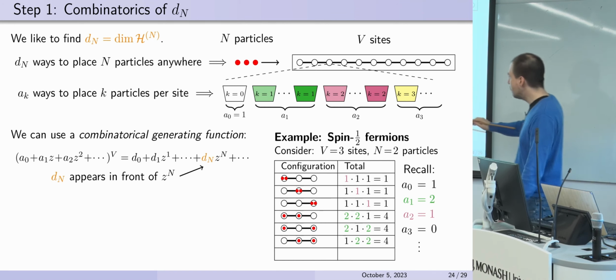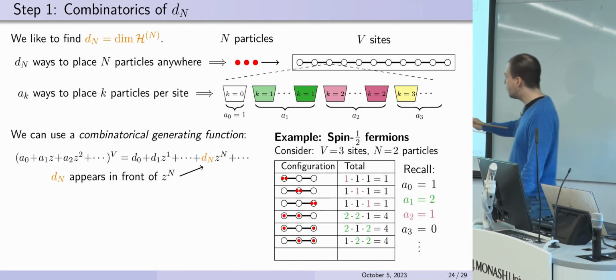Now, placing 1 particle on sites 1, 2, or 1, 3, or 2, 3. For each particle, we can choose spin up or spin down. So there are 2 possibilities. And so in total, we find 4, 4, and 4 with a total of 15.